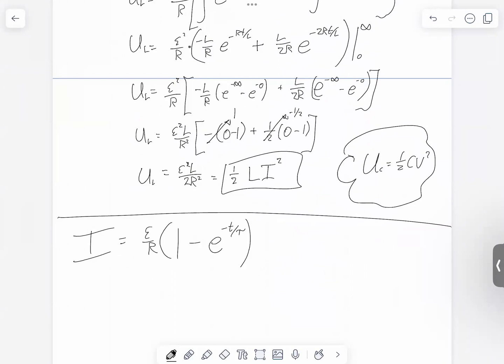E over R is I final, maybe? And I'm going to define tau for this circuit as the reciprocal of whatever hits T, the time constant. So here we'll have a slightly less gross equation. I'm going to pull the constants into each other, okay?